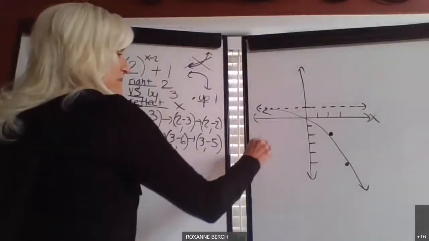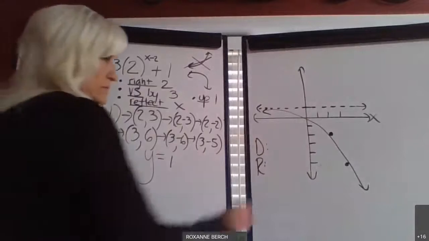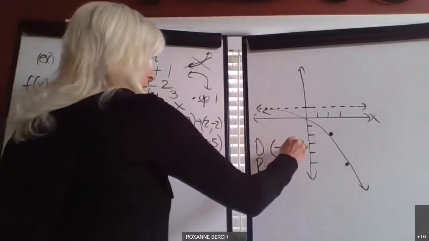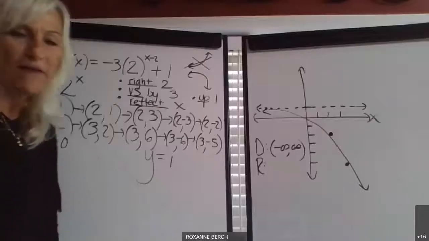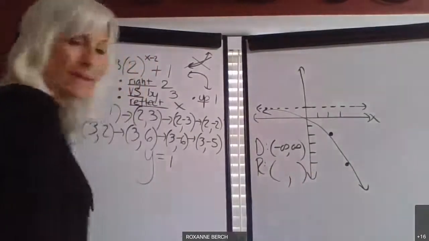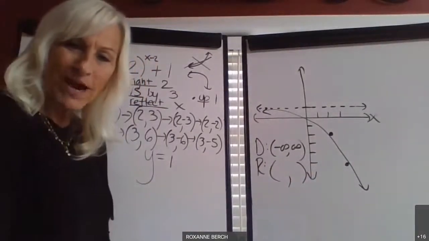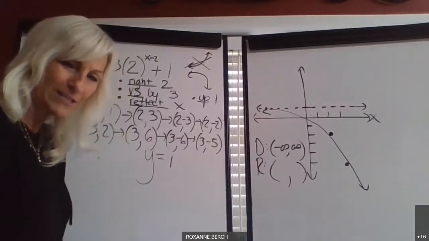What's our domain? Forever left. Negative infinity to positive infinity. Forever left and right. Good, Angel. And then what about the range? Now, at the beginning of the year, we got really confused about how to write this. Remember, the smaller number has to go on the left.